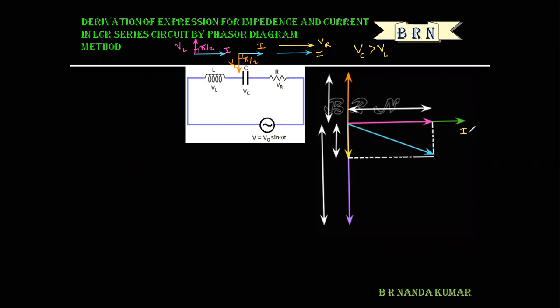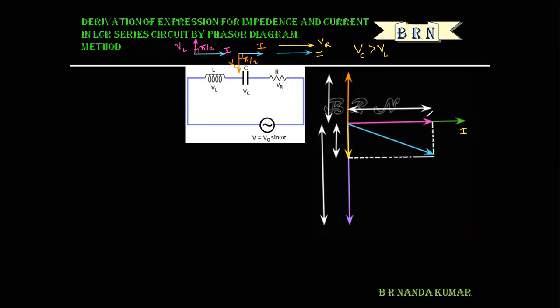Actually, this is the resultant current flowing through the inductor, capacitor, and resistor. The potential difference across R, that is VR, is in phase with current.